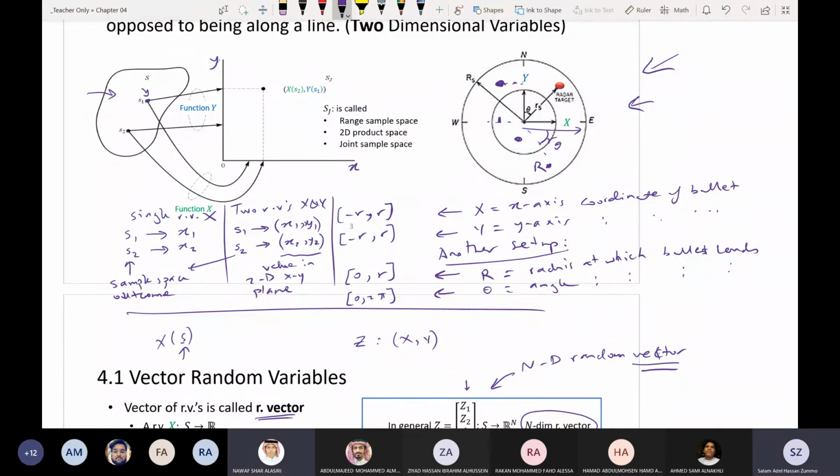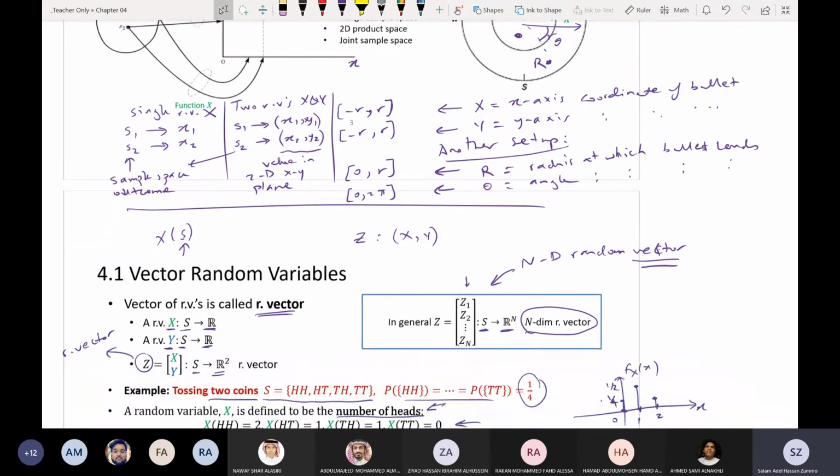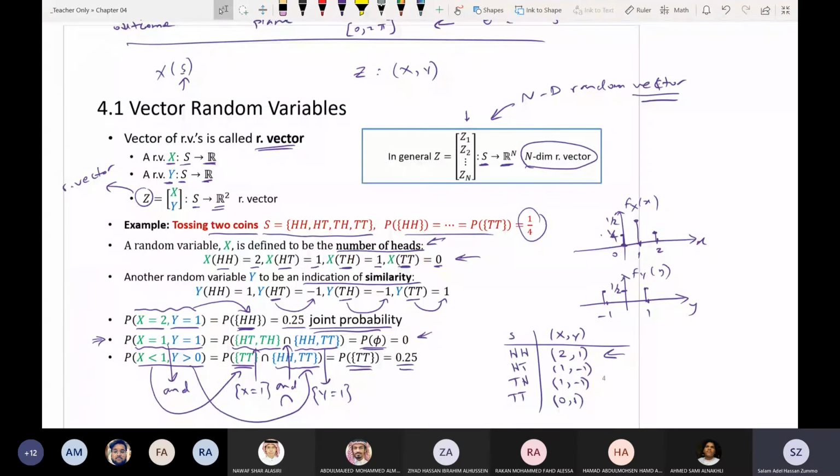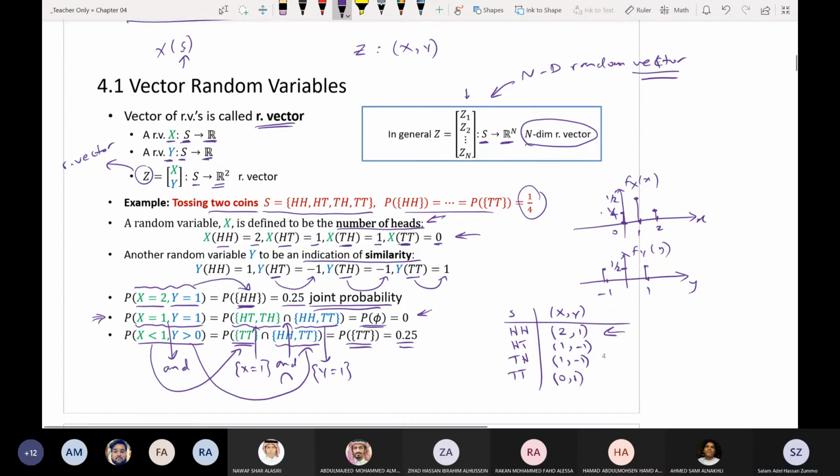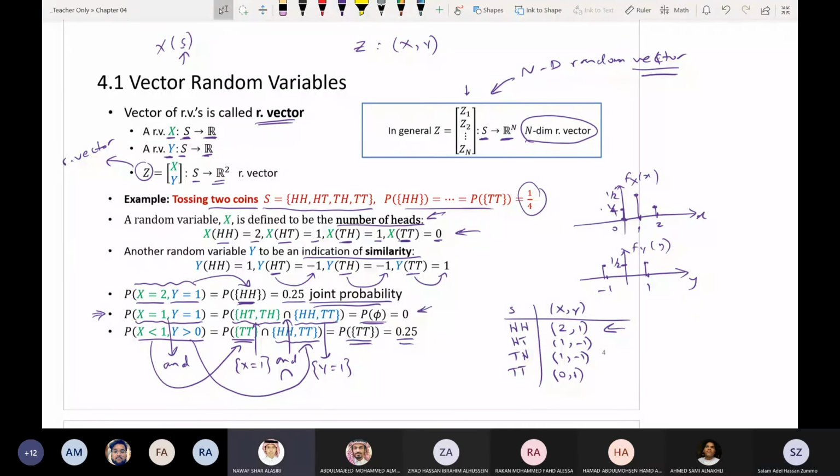The sample space is directly defined as the random variable. Same thing for the weather, when we said the weather is a function of temperature and humidity. Temperature and humidity are two random variables and they are the outcome of the experiment at the same time. But in general, as we said, a random variable is defined as a mapping from the sample space to R. Sometimes the sample space gives you real numbers directly, sometimes it gives you descriptive outcomes that you need to map.